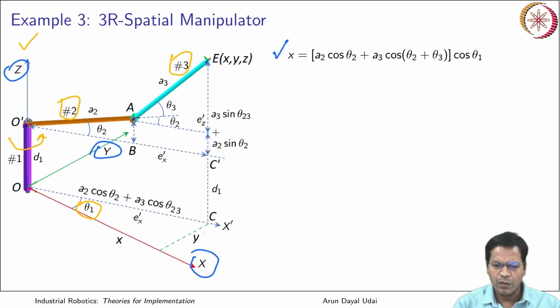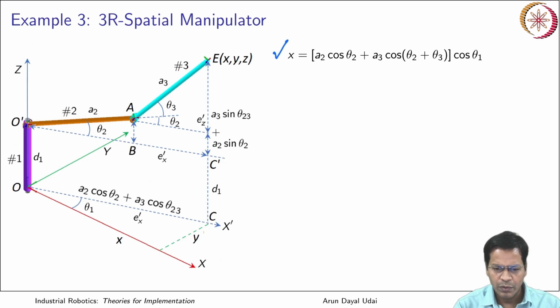Now what is X? You can obtain it directly from here. It is A2 cos theta 2. This is your A2, and A2 cosine theta 2 is this, and A3 cosine of theta 2 plus theta 3.